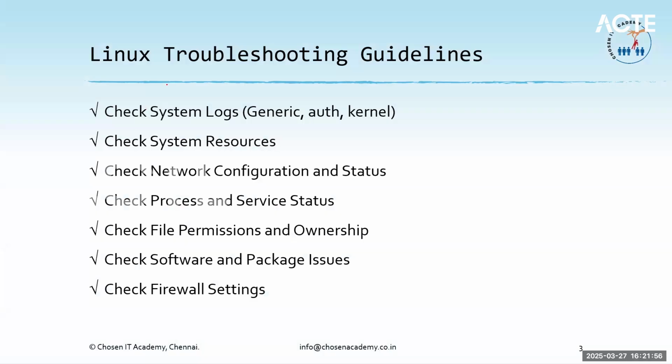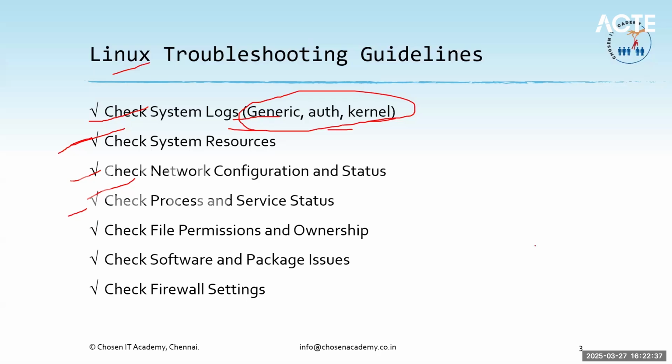When something goes wrong, first we may have to check the system logs present under the var directory. We have generic logs, auth related logs, then kernel logs. You might be familiar with all of this, but I'm just giving you a heads up. Next, df -h checks whether we have sufficient resources. Then network configuration status, to check connectivity. Use the ps -aux command to see whether any process is in a hung state.